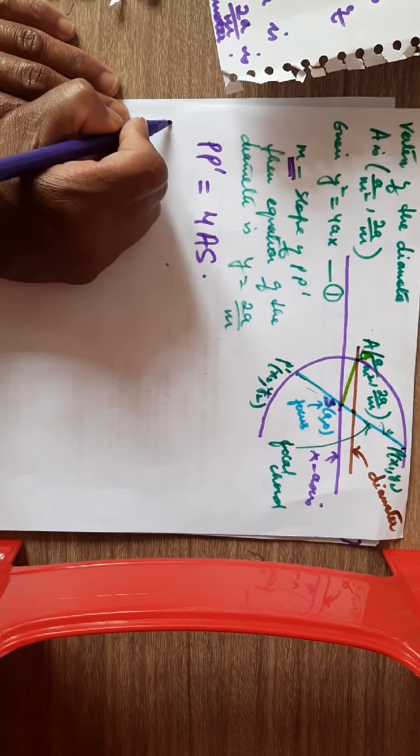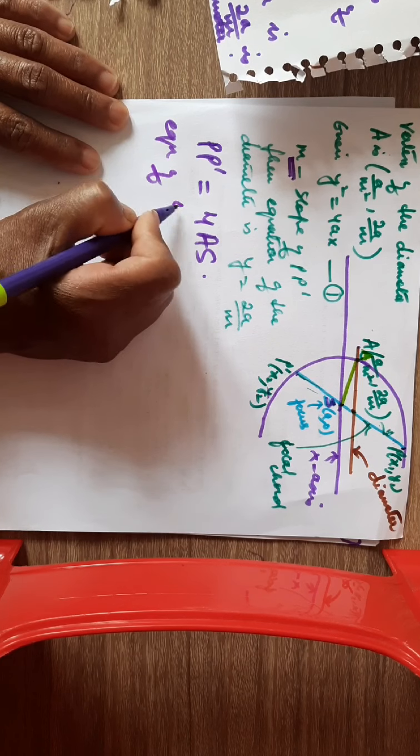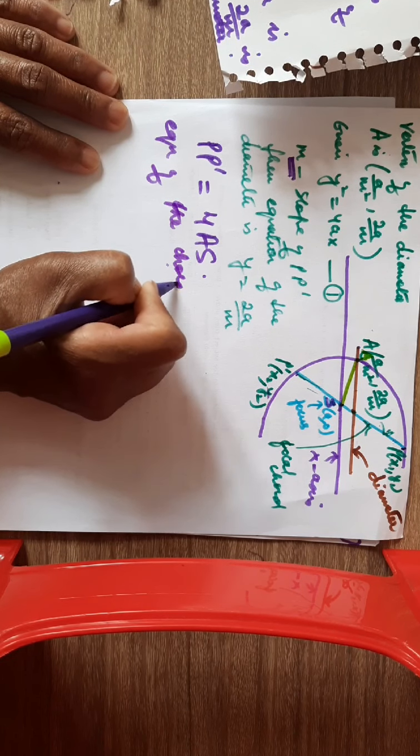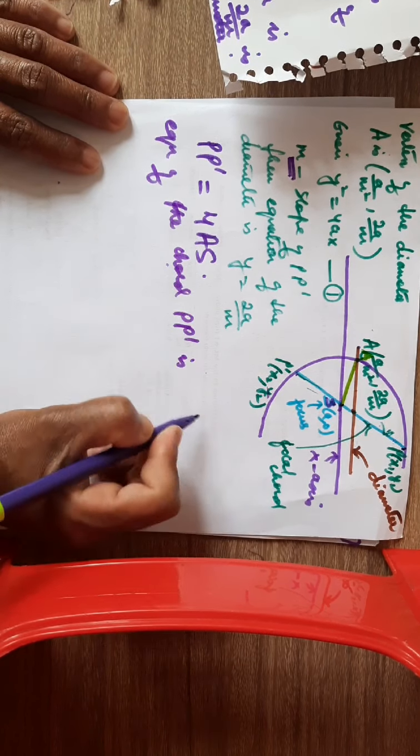So what will be the equation of the chord PP prime?